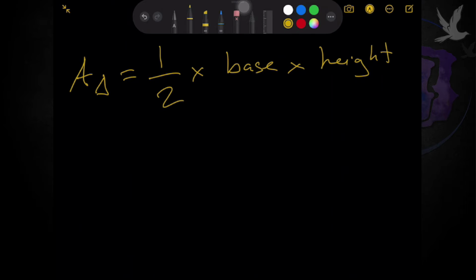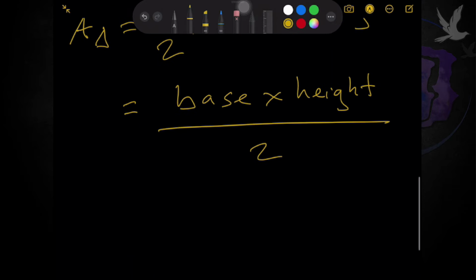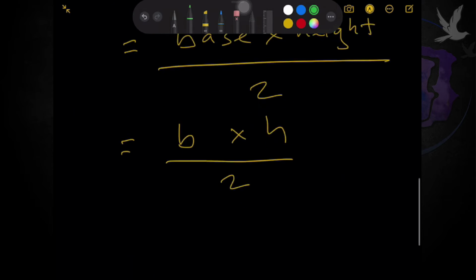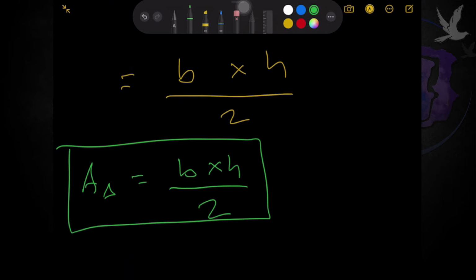But going back to the formula, to make this easier, 1/2 times base times height is actually just the same as base times height divided by 2. Or in simple writing, that's b times h over 2. Meaning, solving for the area of a triangle is equivalent to base times height over 2. Okay? That is the formula for solving the area of a triangle.